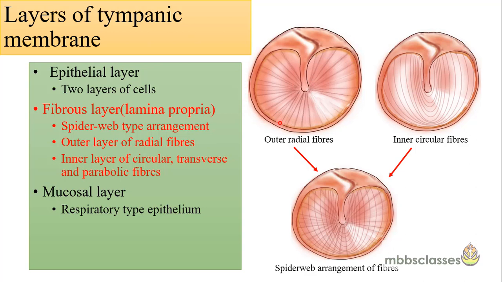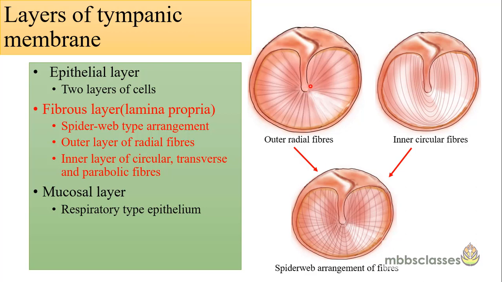The outer fibrous layer consists of radial fibers. You can see in this diagram, these are the radial fibers which originate from the handle of the malleus. This is the handle of the malleus, this is the pars tensa, and this is the fibrous annulus. So the fibrous layer starts from the handle of the malleus up to the fibrous annulus.